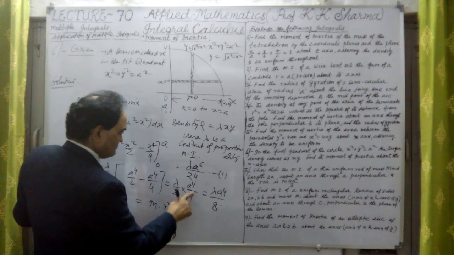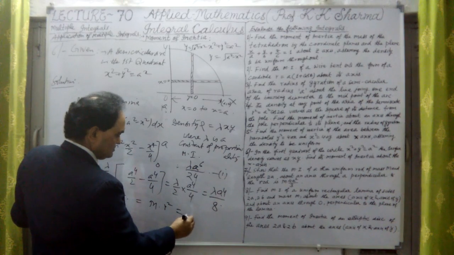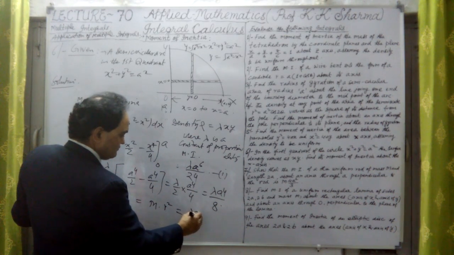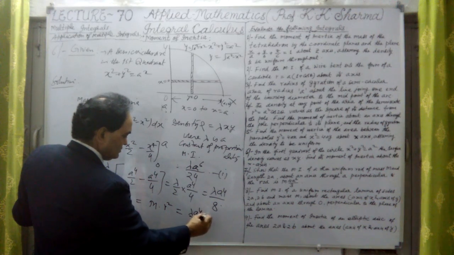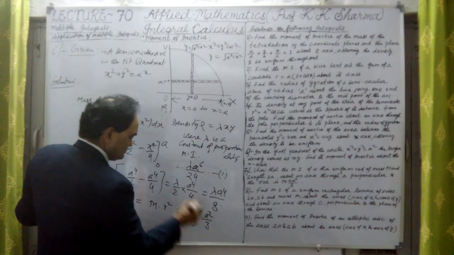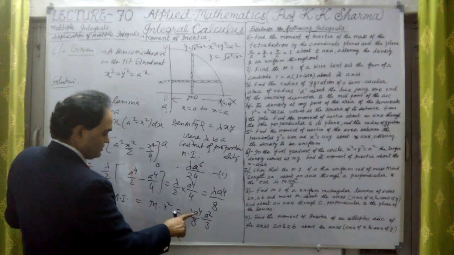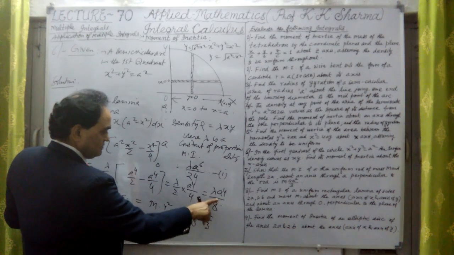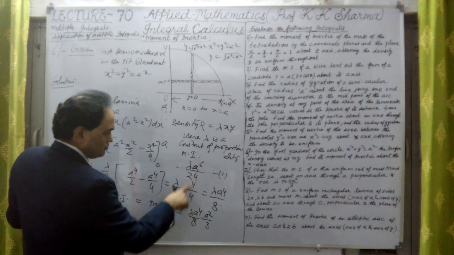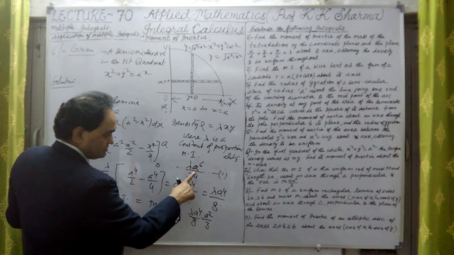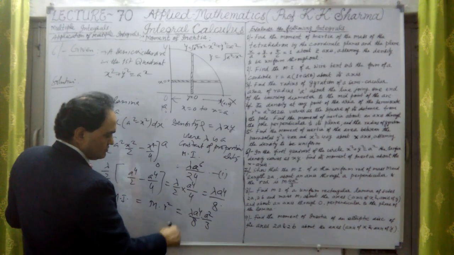If I write lambda A4 upon 8 into A square upon 3, so this r square is A square upon 3, while mass is lambda A4 upon 8. Multiplying, it will be lambda into A4 into A square is A6, lambda A6 upon 24.